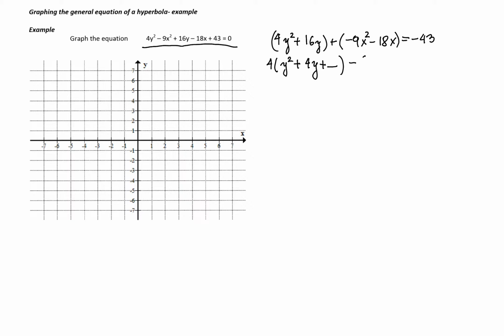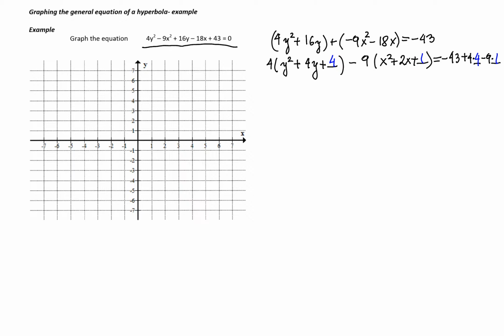From the group of x's, we'll factor out negative 9, and we'll have x squared plus 2x, and then we'll leave the place for the special number that will complete the square, and we'll have negative 43, and then we'll add 4 times the number we add in the first group minus 9 times the number we add in the second group. The number that will complete the square of the y's is 4. The number that completes the square of the x group is 1.